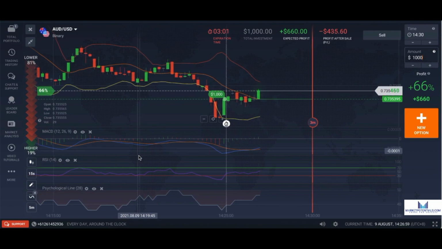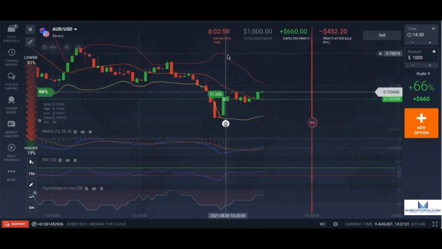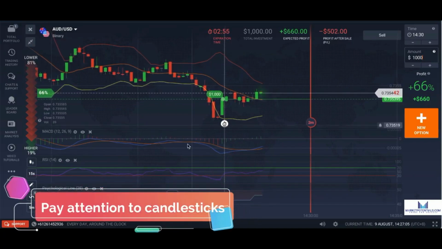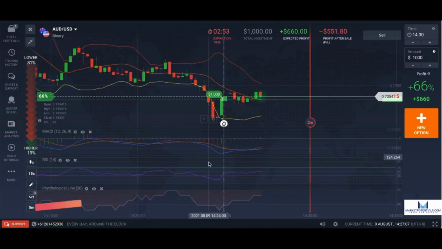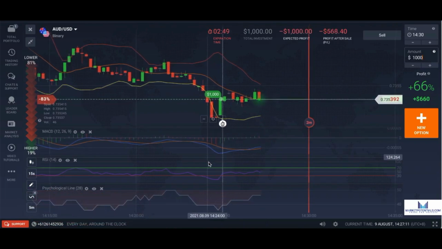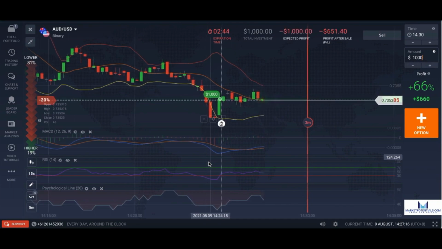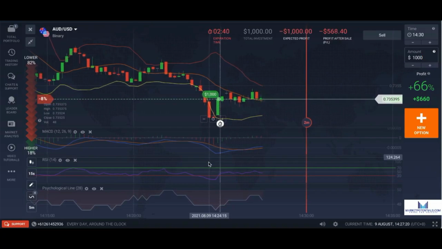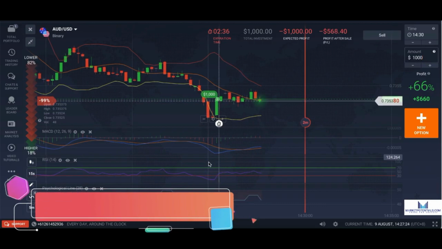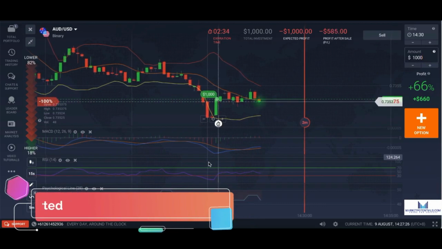Now, having said that, the reason I jumped into the trade was number one, candlestick pattern, chart movement, as well as technical indicators. Now there is a third factor as well. The third factor is the macro economics, or macro, what's happening in the bigger picture. Today, like I said, is a Monday, and last Friday was the NFP, or non-farm payroll, which is basically a big unemployment news that comes out of the US.